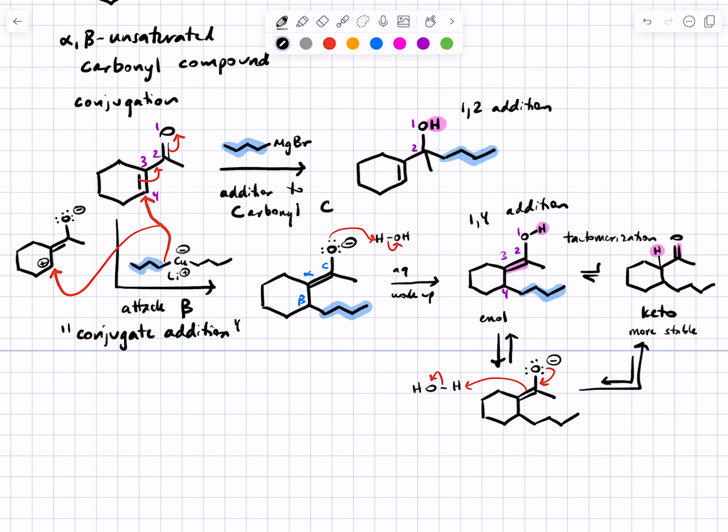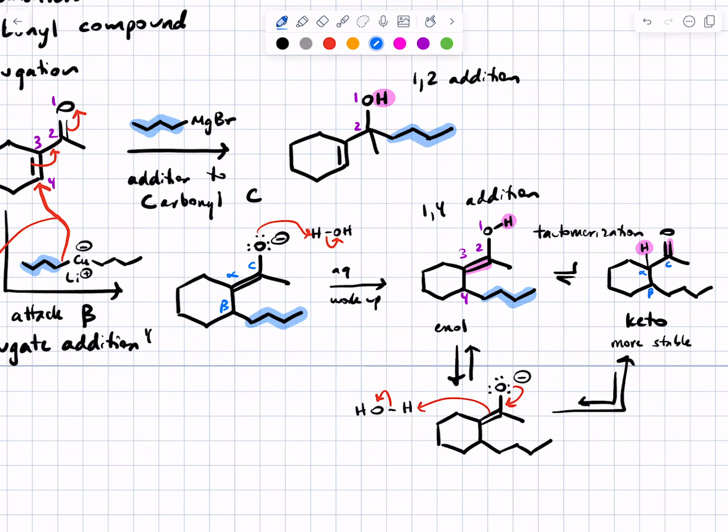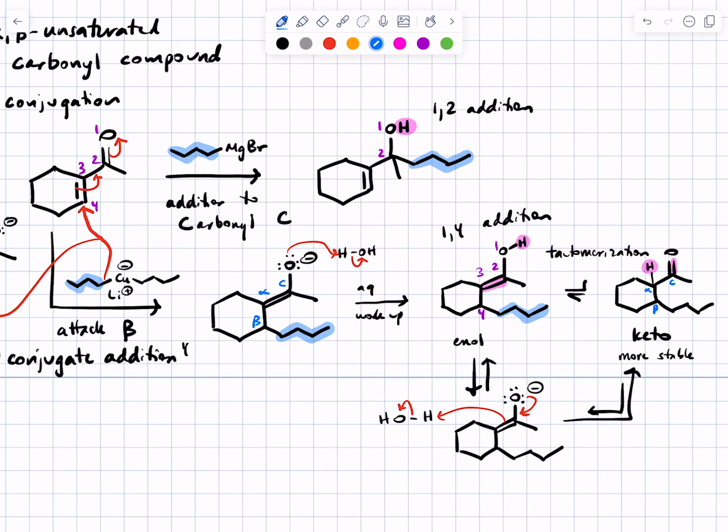They attack alpha beta unsaturated carbonyl compounds at the beta carbon, and the product is this. If you compare that to your starting material, everything's the same except the double bond's gone. The beta carbon has the nucleophile from your cuprate, and the alpha carbon has a hydrogen.